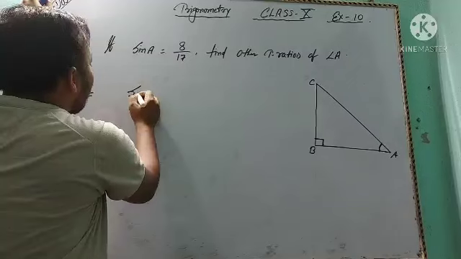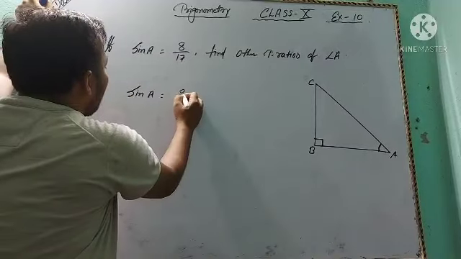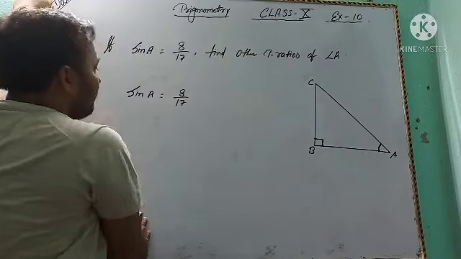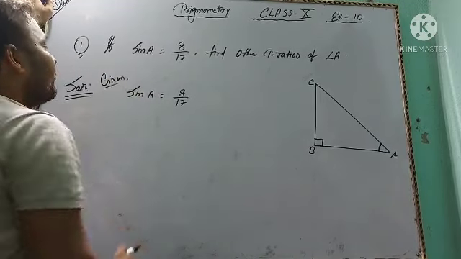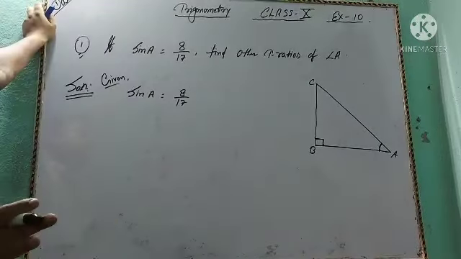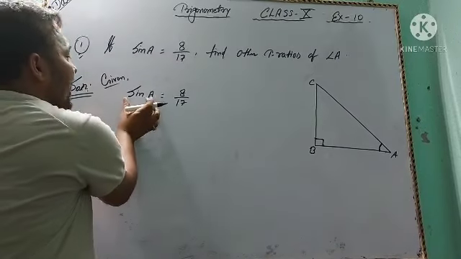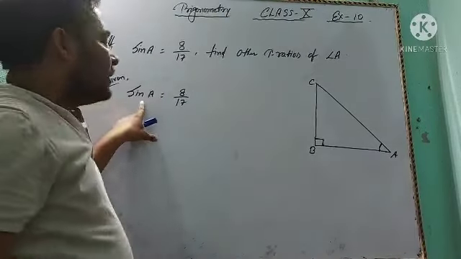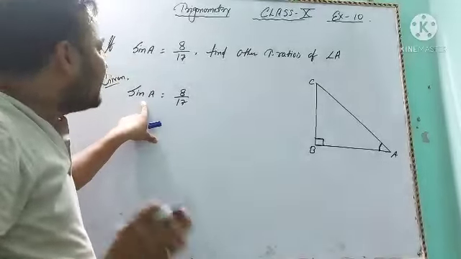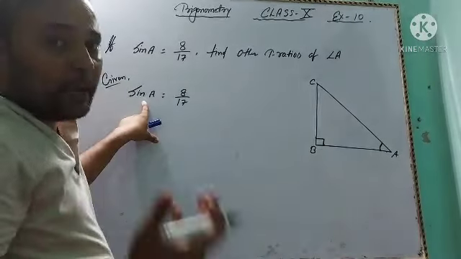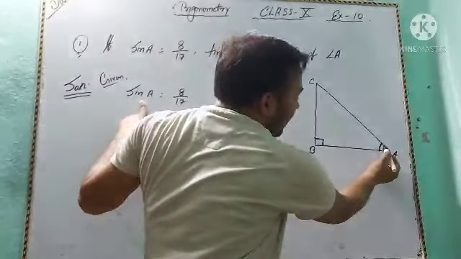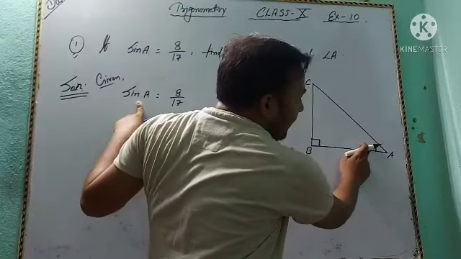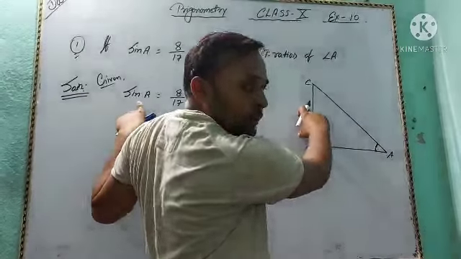sin A is equal to 8 by 17. Given sin A is equal to 8 by 17, and we know that sin theta is equal to perpendicular by hypotenuse. Okay, so sin A, it means this acute angle, the opposite side of this acute angle is the perpendicular.